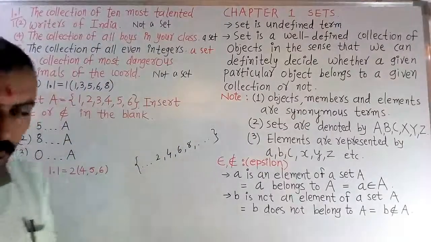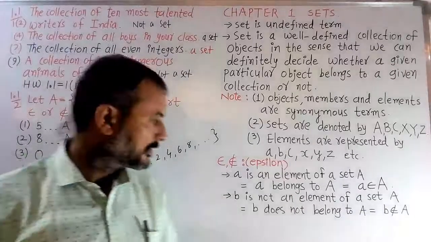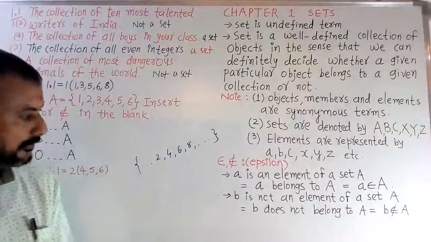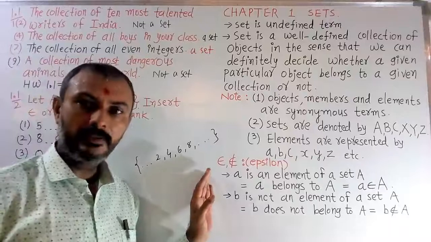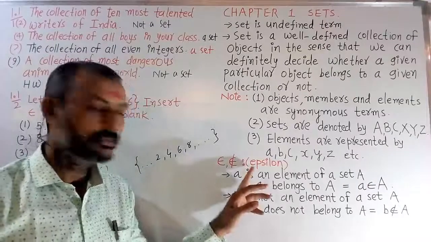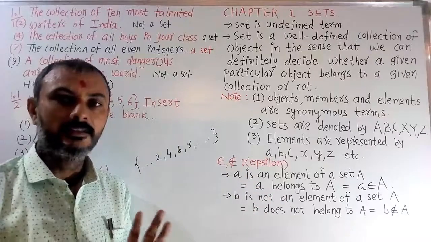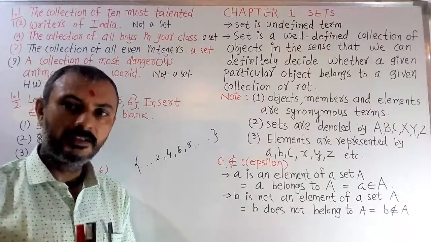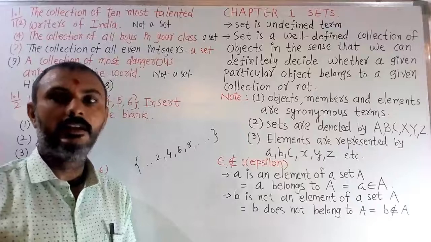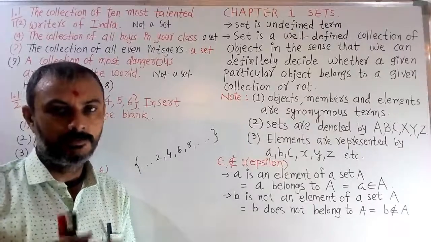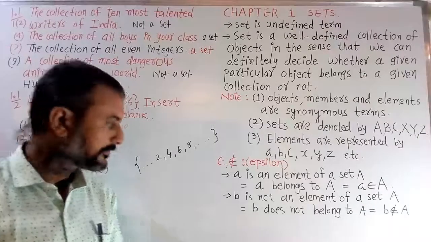Now, let me try to understand what is this symbol. This is the Greek alphabet and the symbol is epsilon. But here we use this symbol instead of the phrase 'a member of' or 'an element of'. Is that clear?